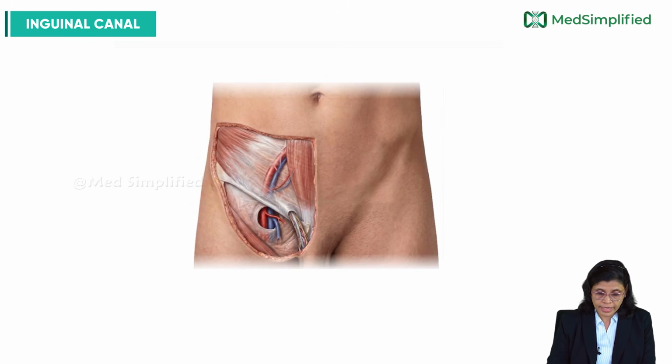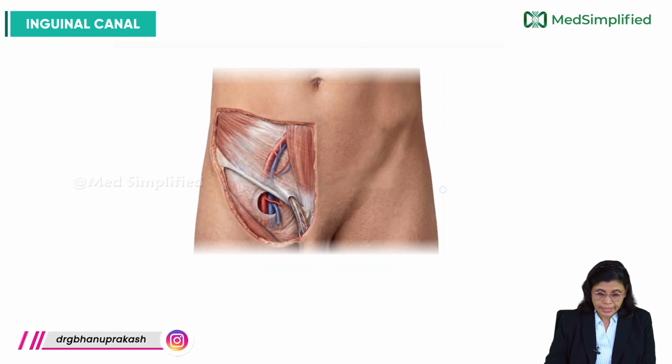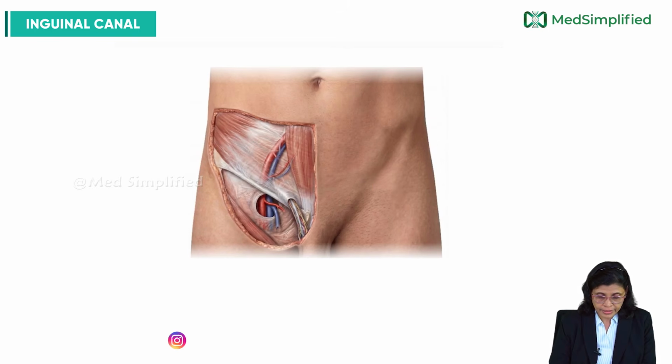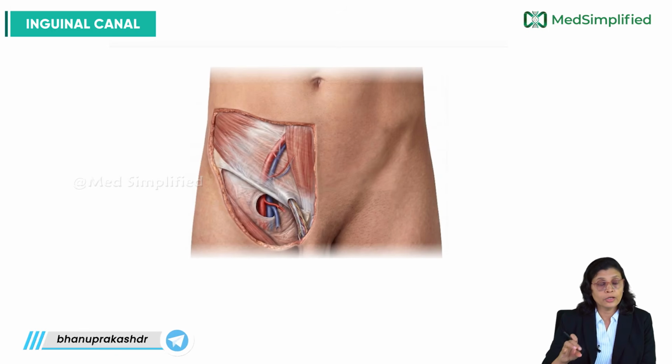So we have to understand the difference between the indirect inguinal hernia and the direct inguinal hernia. Indirect inguinal hernia occurs if the herniated sac enters the inguinal canal through the deep inguinal ring.